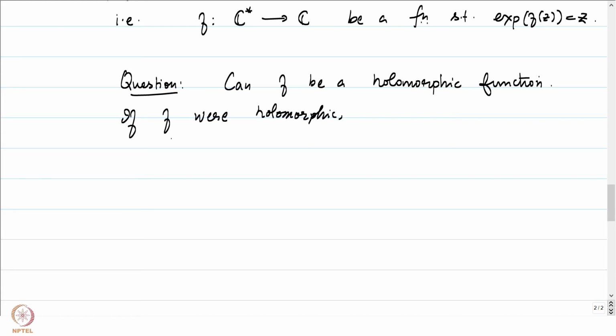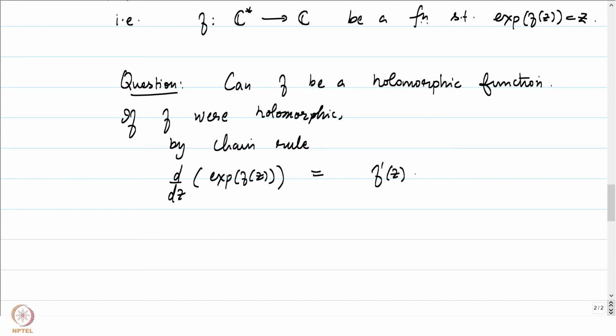By chain rule, let's look at the derivative of the composition, exponential of f of z. By chain rule this is just going to be equal to f prime of z times the derivative of exponential, which is the same as the exponential.